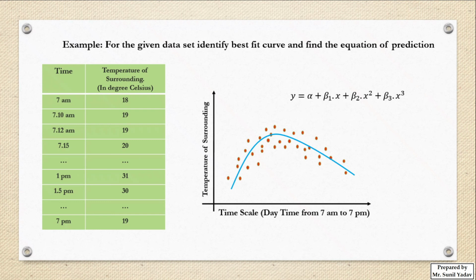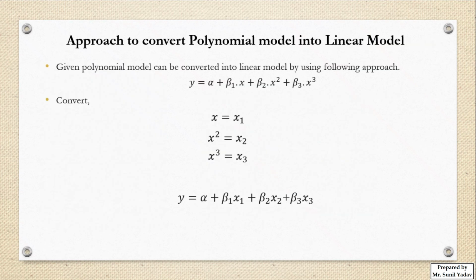And after the explanation of nonlinear regression, now we'll see how the problems are solved. In nonlinear regression, suppose we have y equal to alpha plus beta 1 into x, beta 2 into x square, and beta 3 into x cube, and we have to solve this problem.